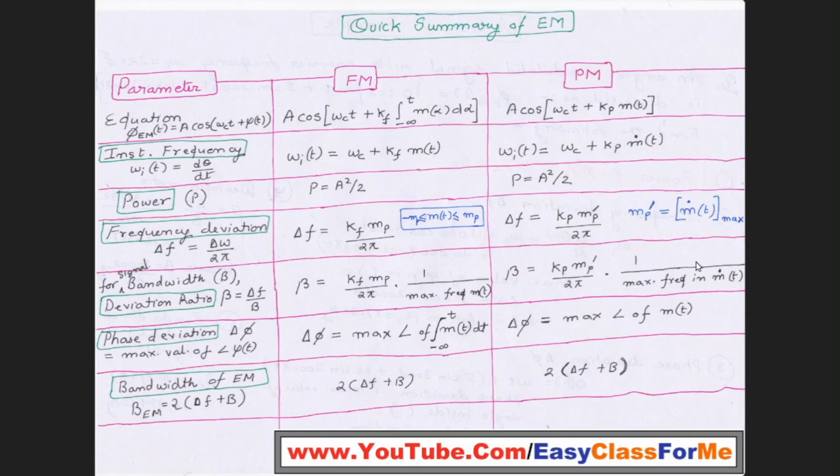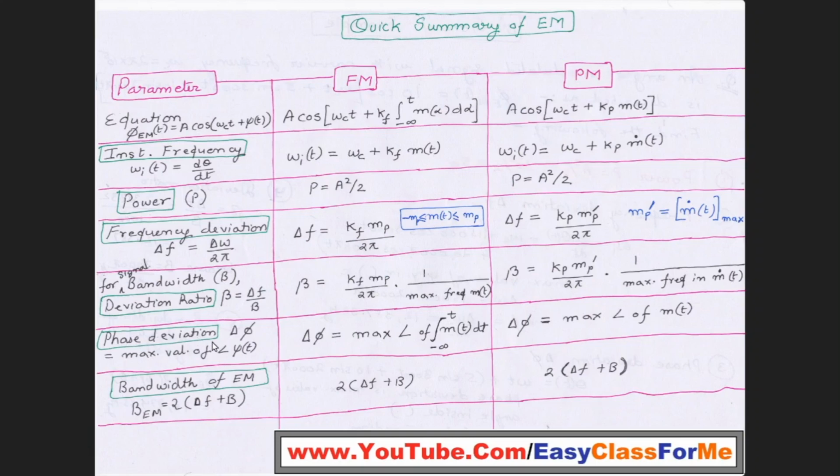Similarly, for the phase modulation case, it will be the maximum frequency of the derivative of m(t), so the maximum frequency in m'(t) has to be considered. Usually this bandwidth parameter is given in questions, and we have to use that particular value.